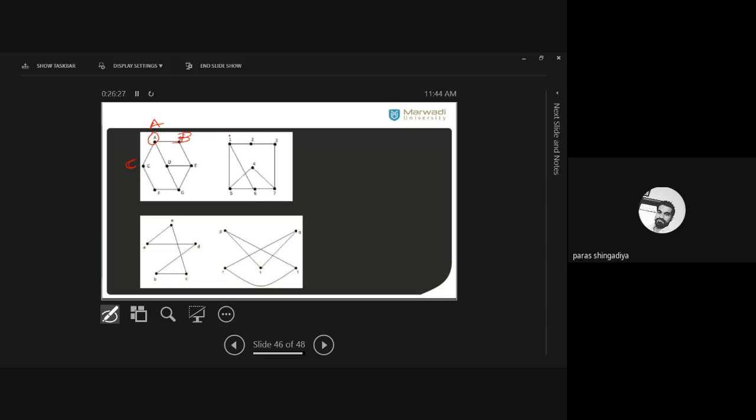This vertex is degree 3, this vertex is degree 3, and this vertex is degree 3. Then after that, can we find such a place whose degree is 3 and which is also adjacent with two more vertices whose degree should be 2? Which place? That last one.